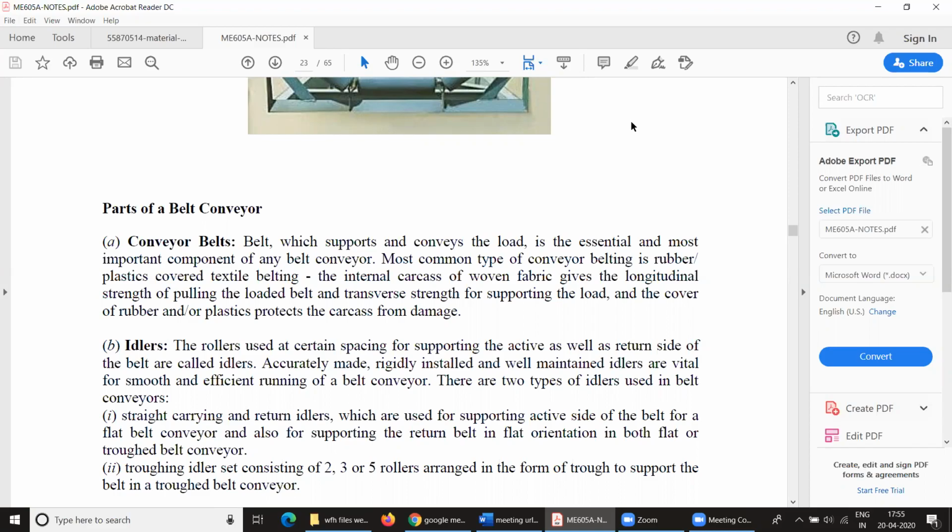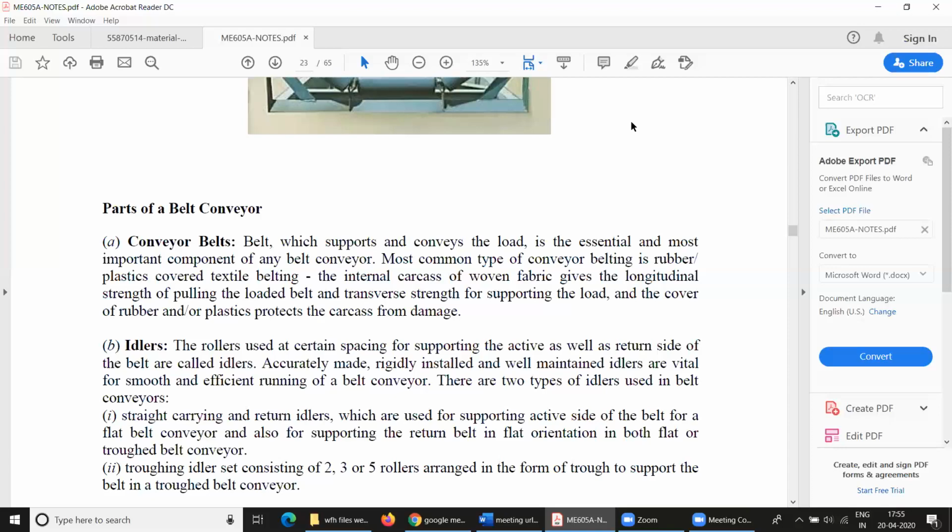The idlers are the rollers used at certain spacing for supporting the active as well as the return side of the belt. And there are two types of idlers in any belt conveyor. Those are straight carrying return idlers and troughing idler sets.